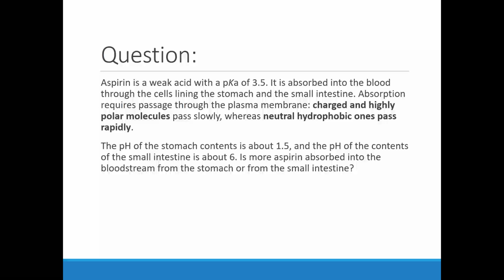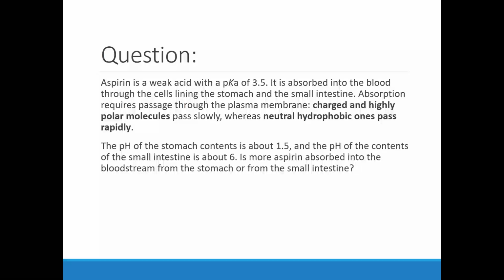Okay, so first, let's go back to that first paragraph. Aspirin generally is going to be a weak acid. That means it will dissociate, and it is going to dissociate to a 50-50 point, right, at a pH around 3.5. We'll get back to that in a second.